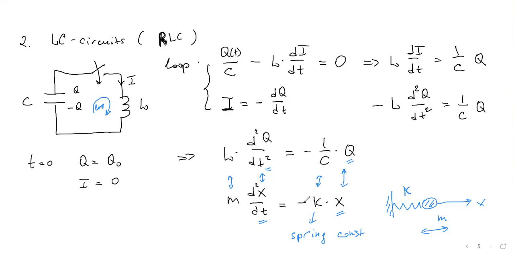So then what would be the substitution for me? I have to replace position x with a charge, and velocity, the derivative over time, with the current. My current is negative.